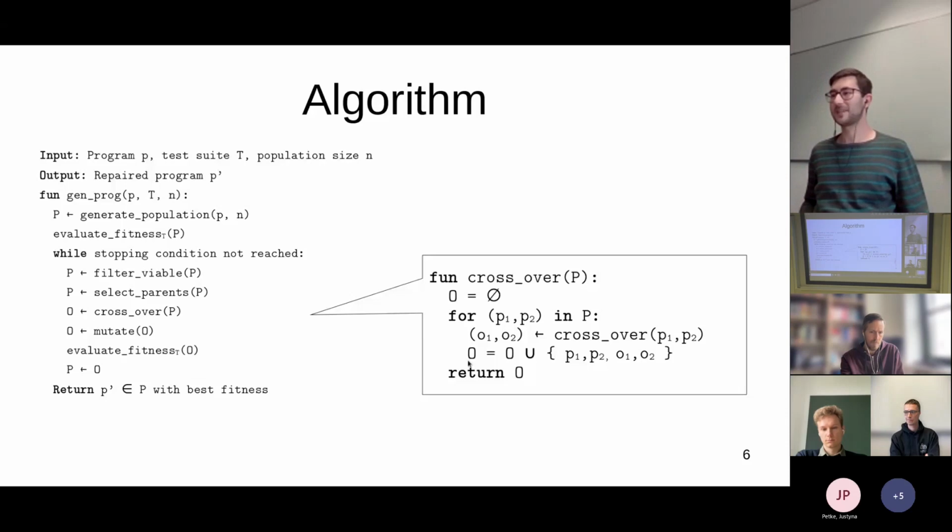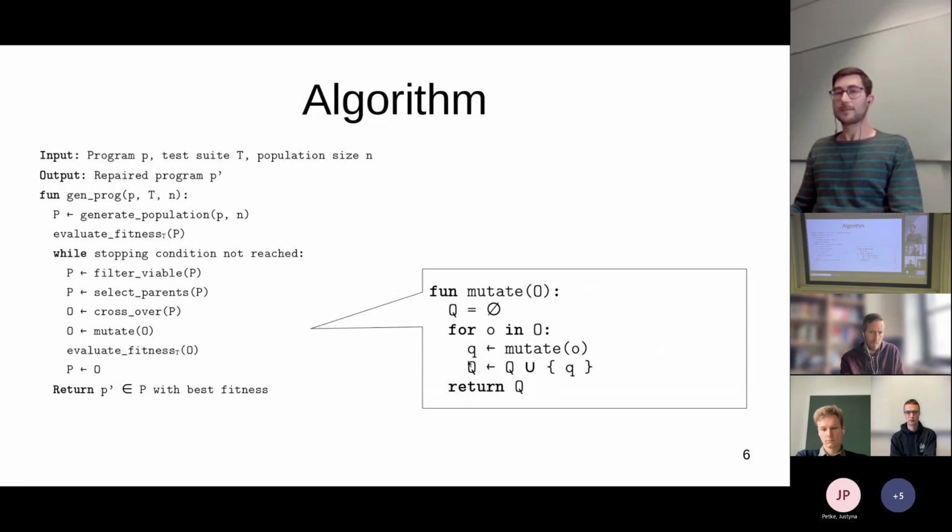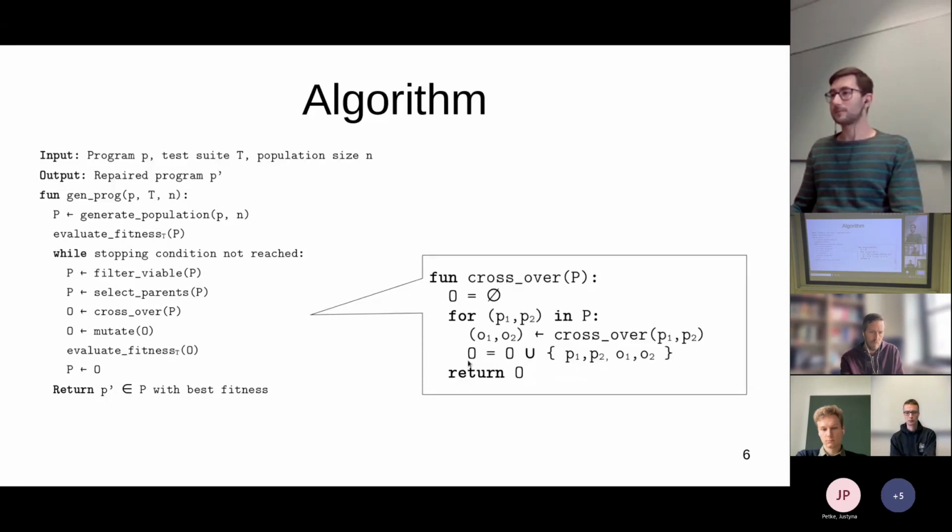Usually I only know that you only put the offspring back in the population. Here we also put the parents back. Yes. Sebastian, is that different from what the original algorithm does?